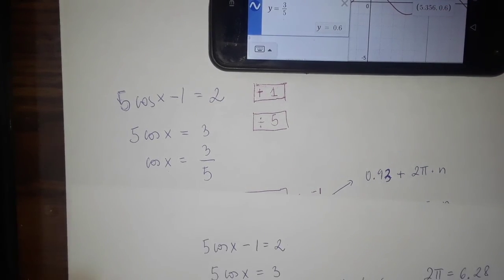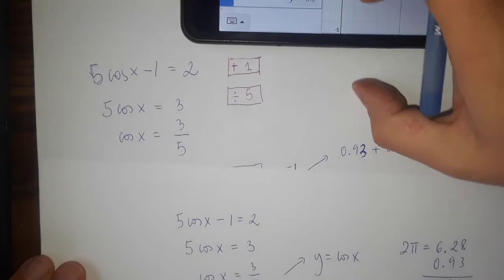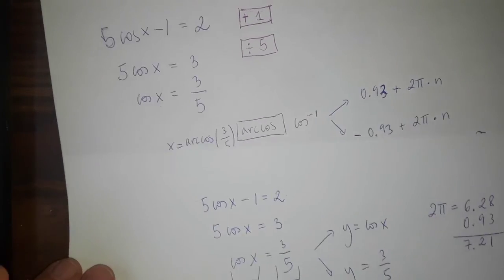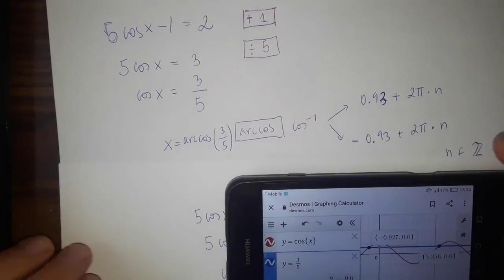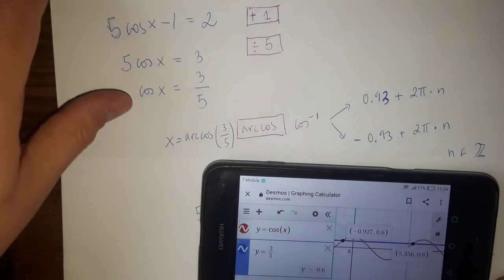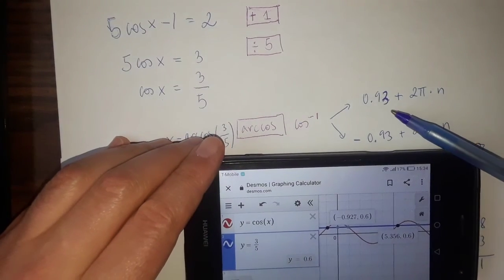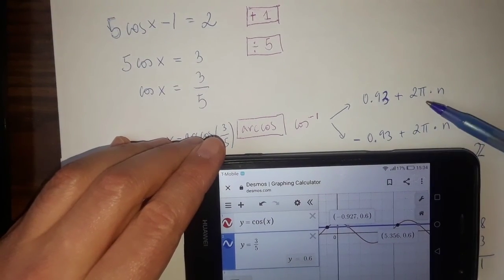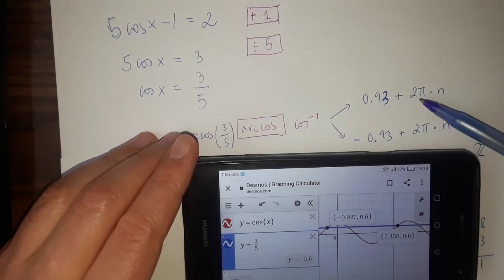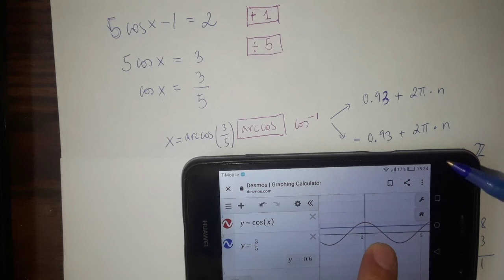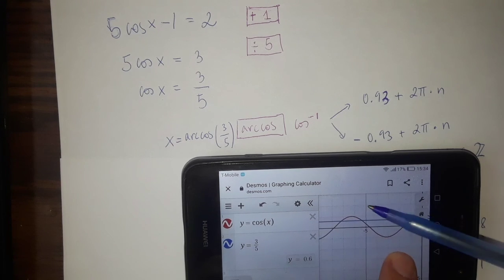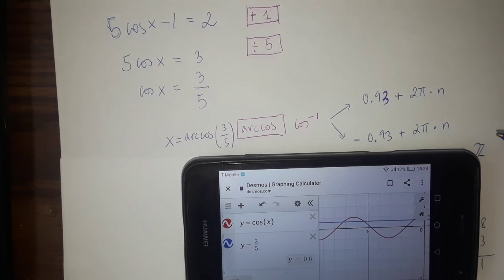So here we see the two sets of solutions, right? So 0.93 plus 2 pi, and we can go forward if we add 2 pi, or we can go backward if we just subtract 2 pi.